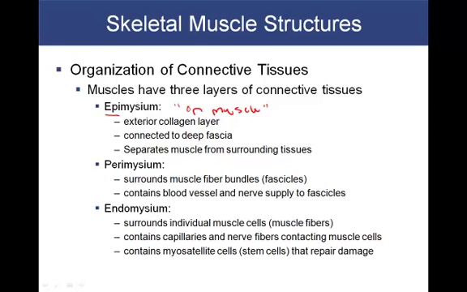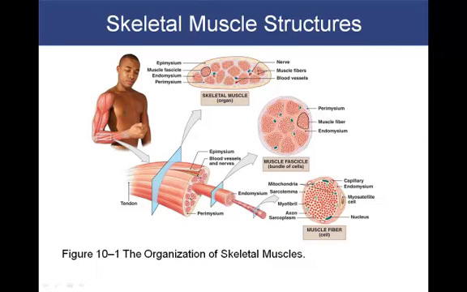I'm going to flip forward so we can look at this diagram. Here we have an actual skeletal muscle, and we find that surrounding the skeletal muscle is the epimysium. So what is the epimysium? Well, this is a connective tissue that helps bind and support the entire muscle.